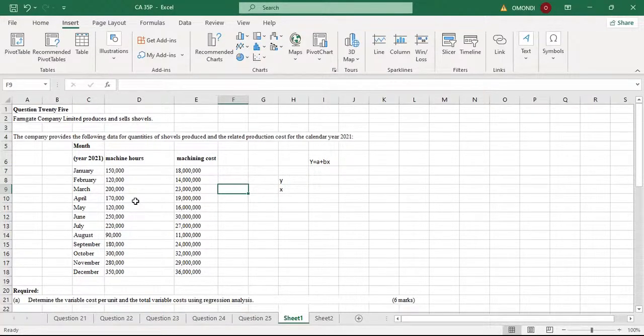Which one are we going to use as X and which one are we going to use as Y? So X is the machine hours. Okay, that's good. I want to see if you're able to understand this.